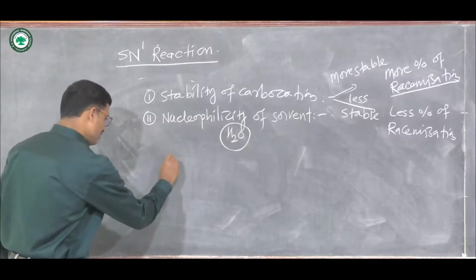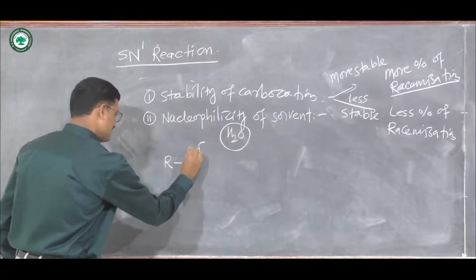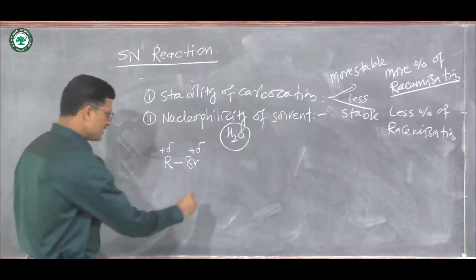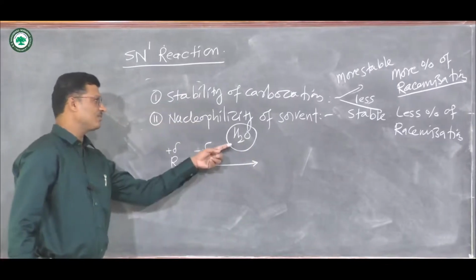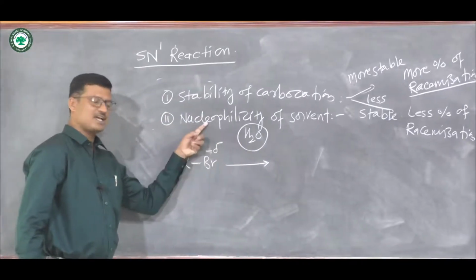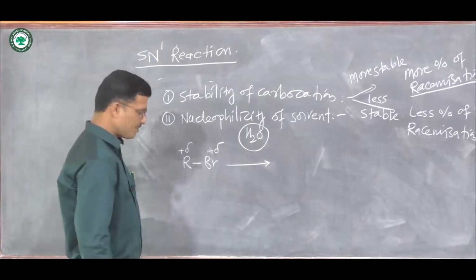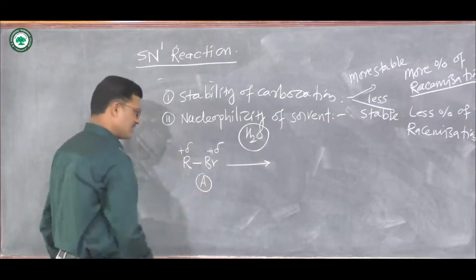Take a general example, R-Br, with a delta negative charge and a delta positive charge. Here suppose we take water as the solvent, and water itself acts as a nucleophile. This is case A.